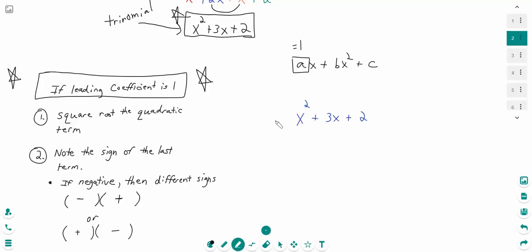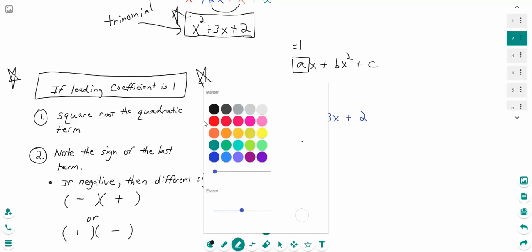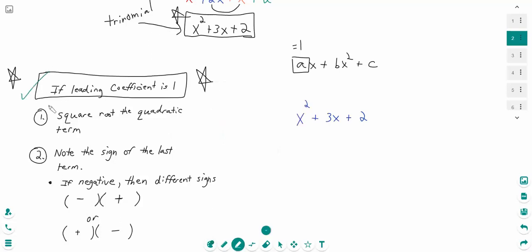So the first step is to just verify that the leading coefficient is a 1. So if we look at this trinomial, sure enough, the leading coefficient, when this is written in descending order, is a 1. Okay, so that is a big check mark. We know that this process then will work for this particular trinomial.